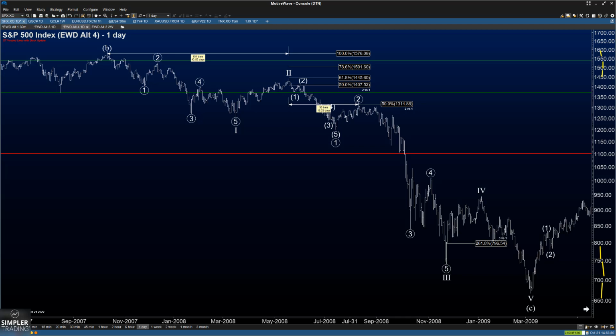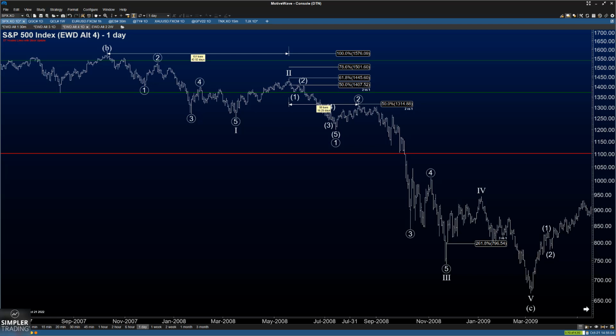By having the scale adjust all the way along, moves of the same percentage end up traveling the same vertical distance. That's distinct from when we switch back from log scale to arithmetic scale, where moves of the same point value will move the same vertical distance on the chart.